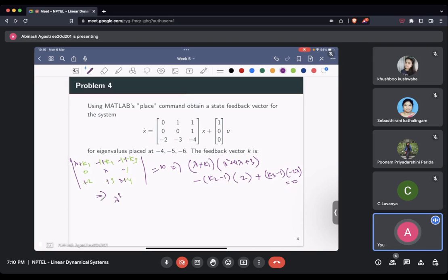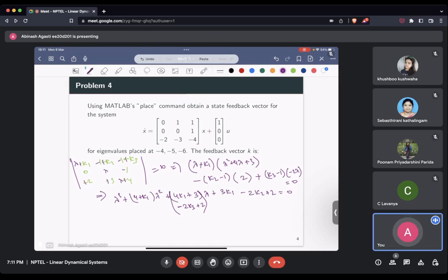So this is lambda cube. Is this correct? Please tell me if you find any mistakes.